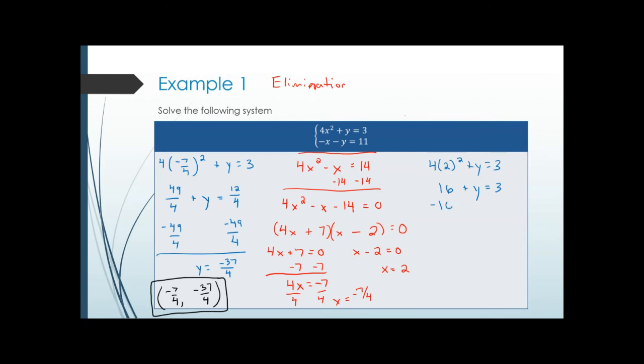And then I'm going to subtract 16 from both sides. We get y equals negative 13. It's always easier when you don't have fractions to deal with. So this gives us an ordered pair 2 comma negative 13. So we have two solutions because we had a quadratic.